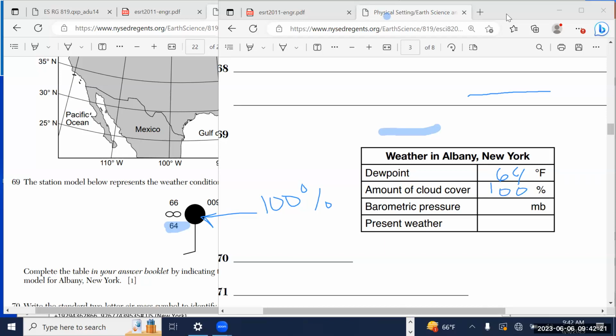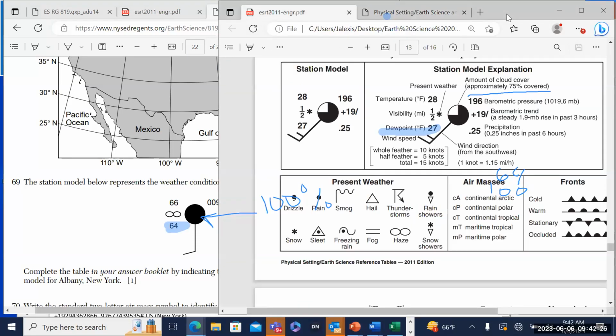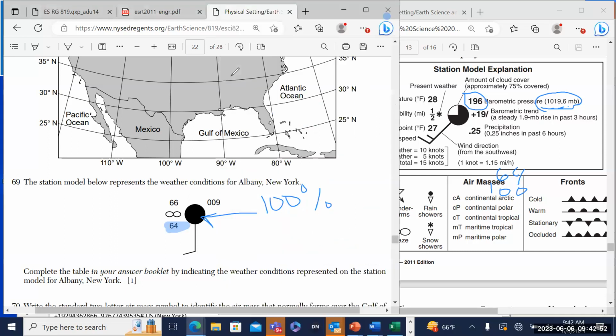The barometric pressure now deals with the top number, right? So when I take a look, my barometric pressure, you see the number 196, and when I'm taking it outside of the reference tables, I still see 196, but there's a 10 in front, and a decimal added as well. So I'm going to convert my number out of the reference tables.